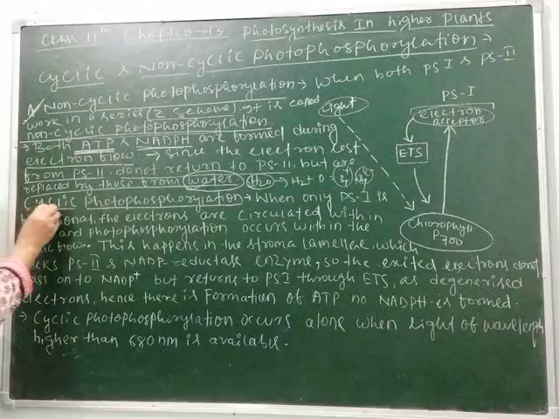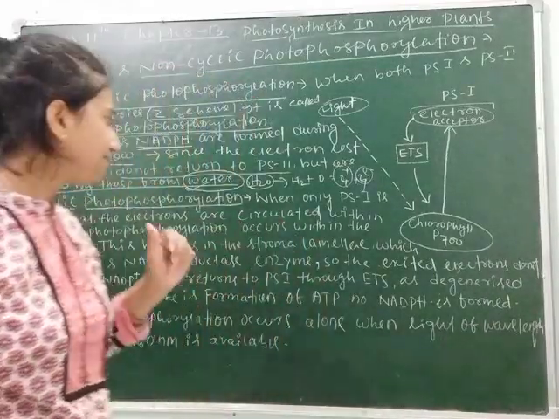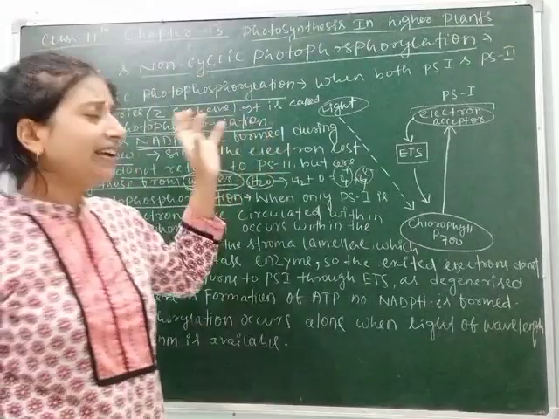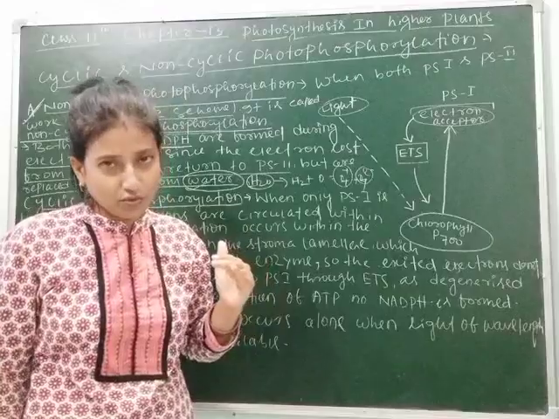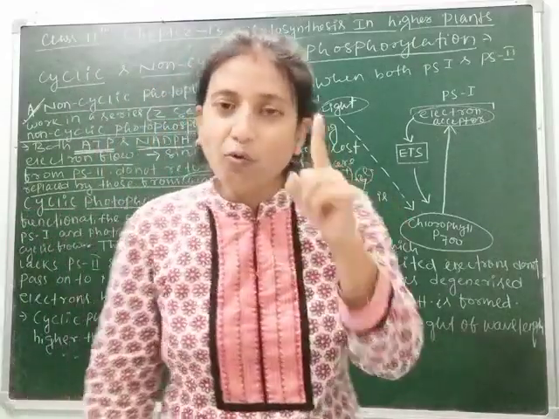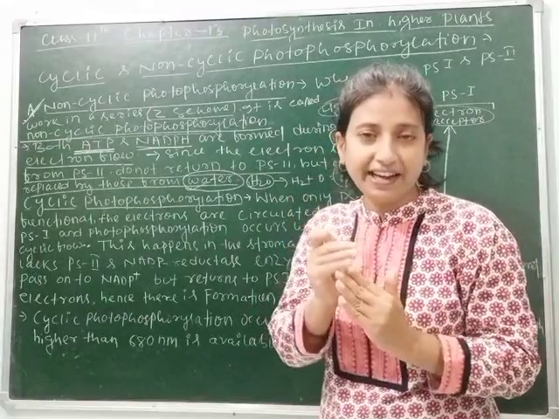Next is cyclic photophosphorylation, which you need to know in detail. In non-cyclic, we saw both photosystems, PS1 and PS2, are involved. But in cyclic, only PS1 is involved. This is the main differentiating character.